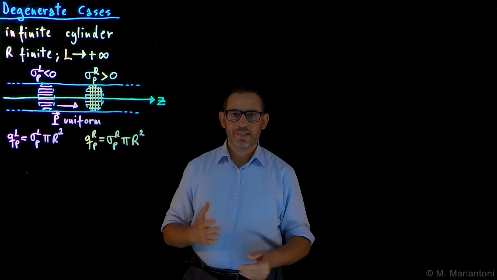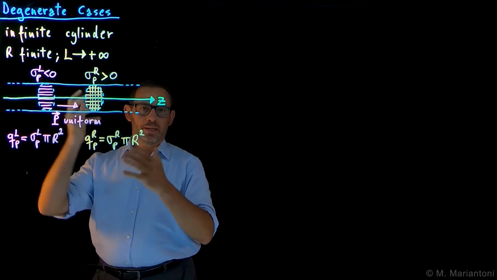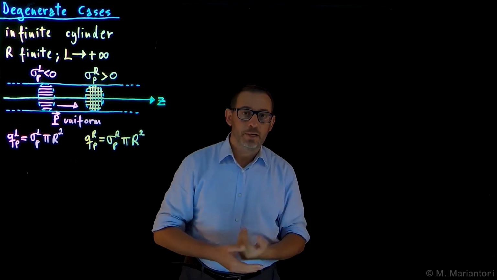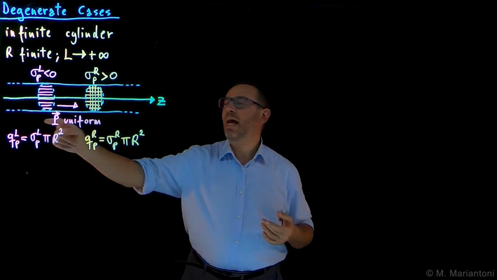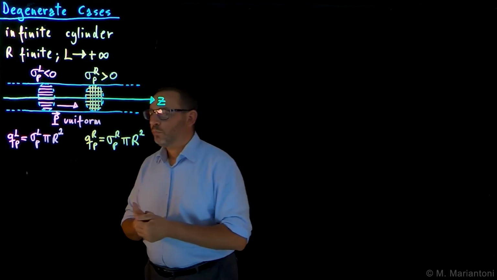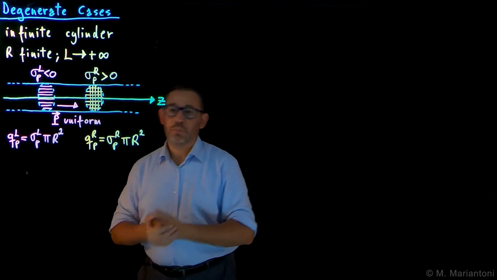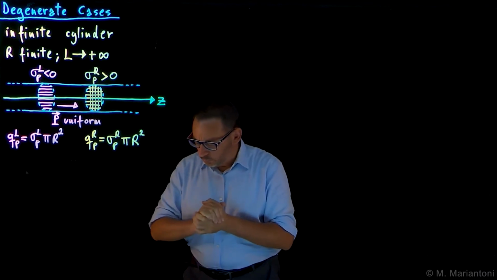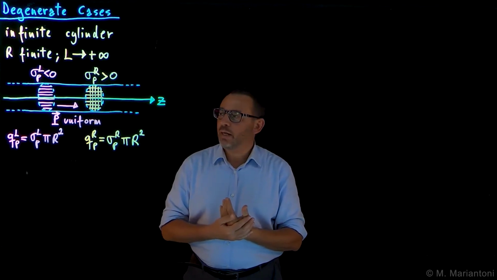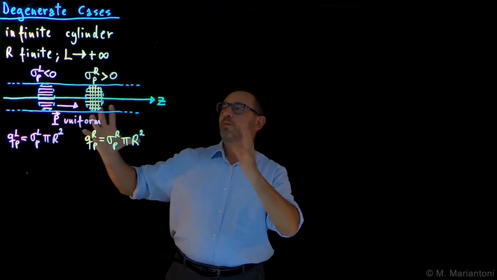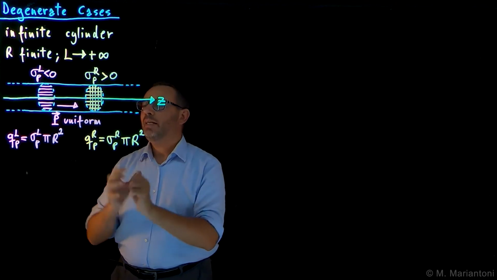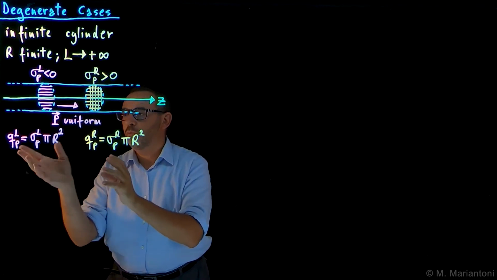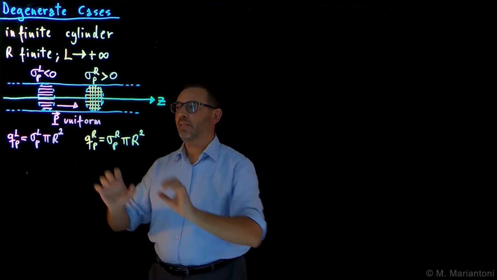So these two charges are clearly finite charges. Why is that? Sigma is finite, as we calculated in the previous example. I remind you that sigma P left is minus the norm of P, whereas sigma P right is plus the norm of P. So sigma is finite, and the areas pi R square are finite, so the total charges QP left and QP right are also finite, because everything is finite in there.